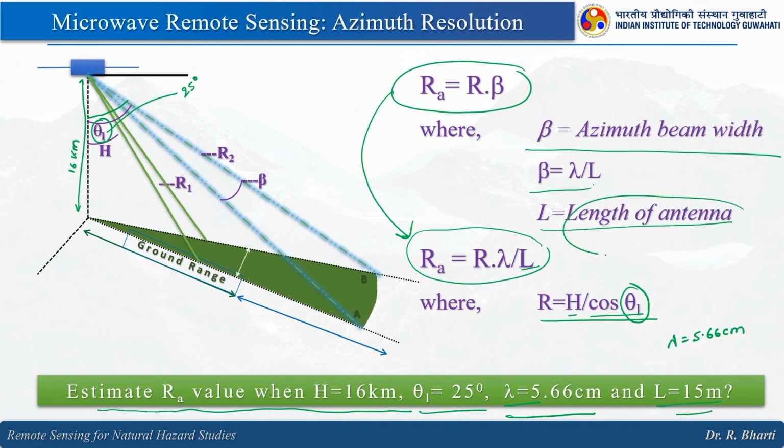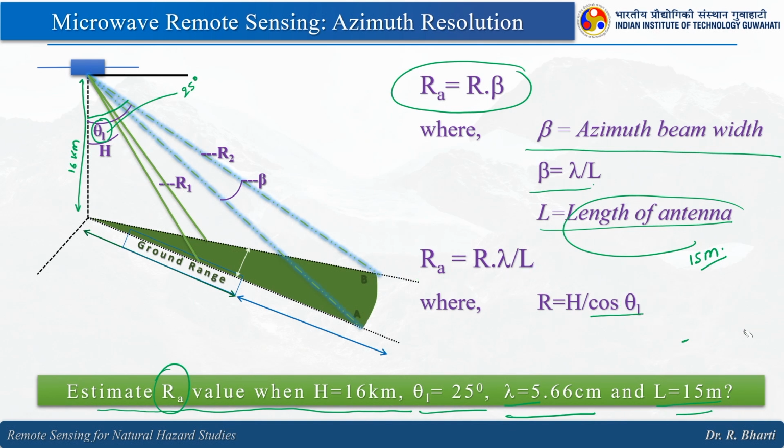The length of the antenna is 15 meter. Then you calculate the RA value. This is one example of how we utilize this concept to calculate the azimuth resolution.